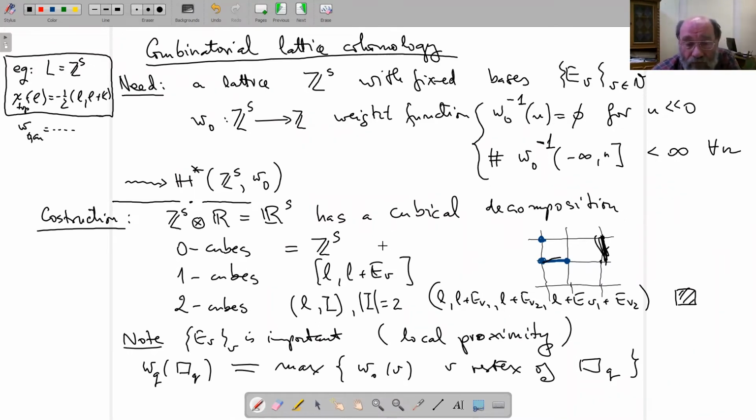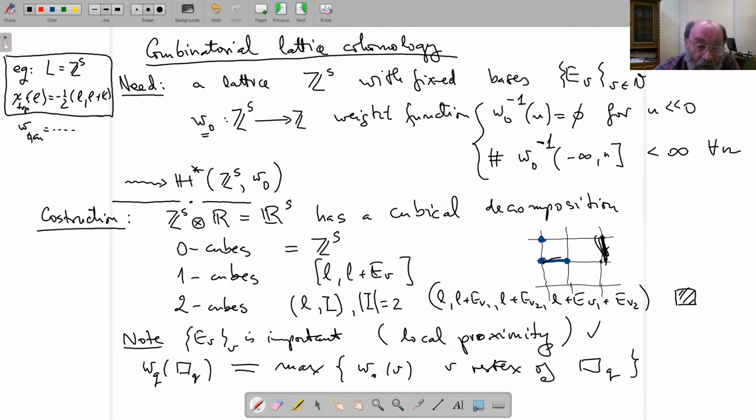And the cohomology of this cubical decomposition, if I just take the usual cohomology, gives nothing; it gives the cohomology of R^s. But the point is that I have to introduce the weight function, and that will make the difference. Here again, I want to emphasize that the choice of basis is important, since different basis elements provide completely different cohomologies.